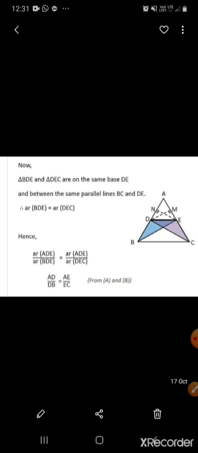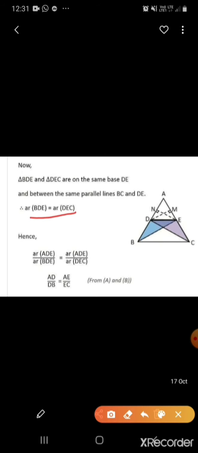That is, area of triangle BDE equals area of triangle DEC. Triangles lying on the same base and between the same parallels have the same area.